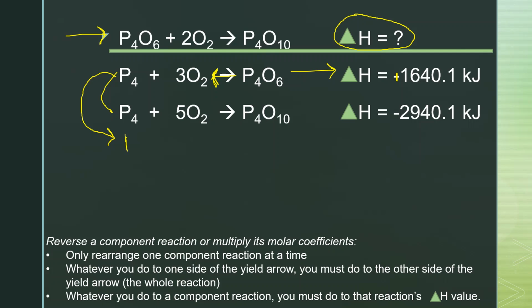That would be P4O6 yields P4 plus 3 oxygens.